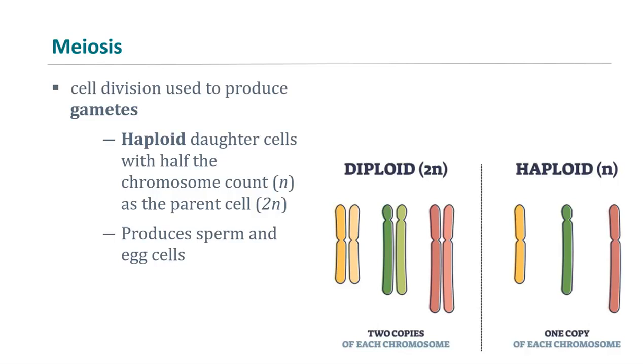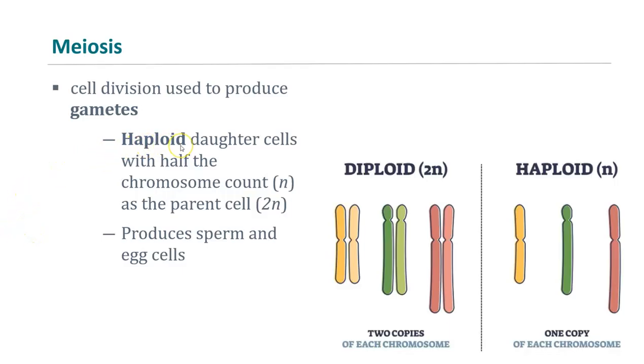So if you're going through the process of sexual reproduction and you're making gametes and you're combining gametes from 2 different parents, you need for them to have just one set of chromosomes. So the way to get to that one set of chromosomes is the process of meiosis.